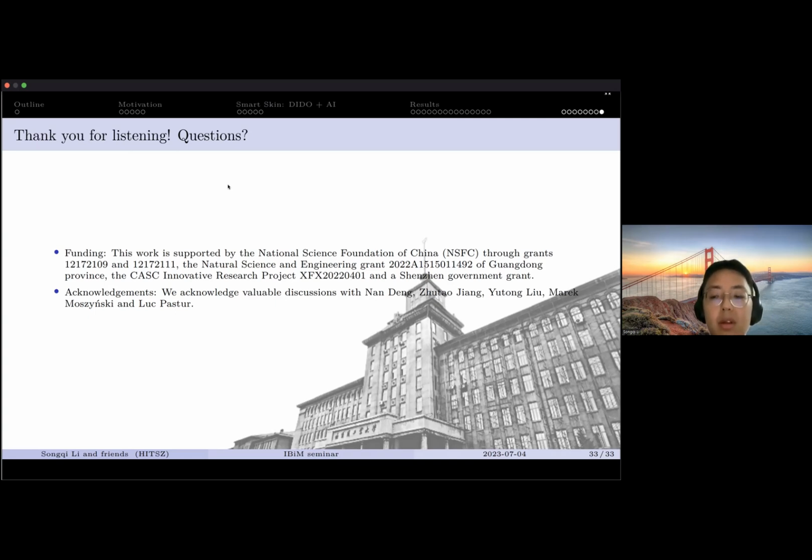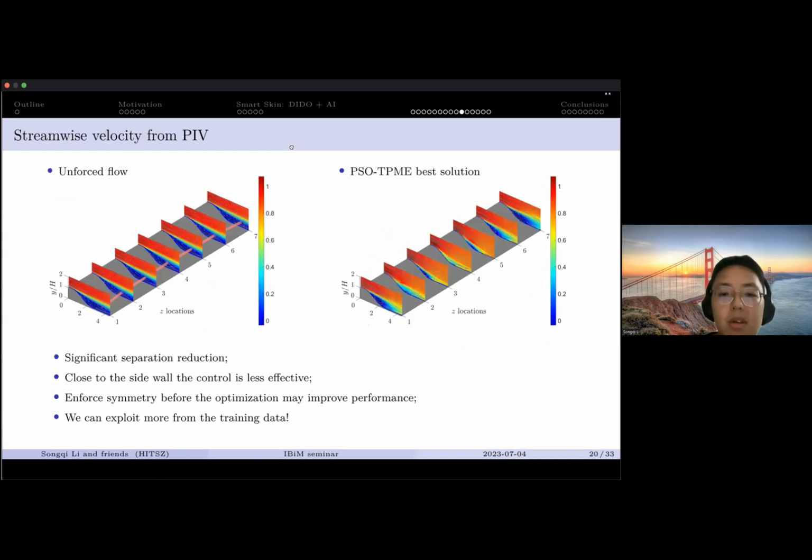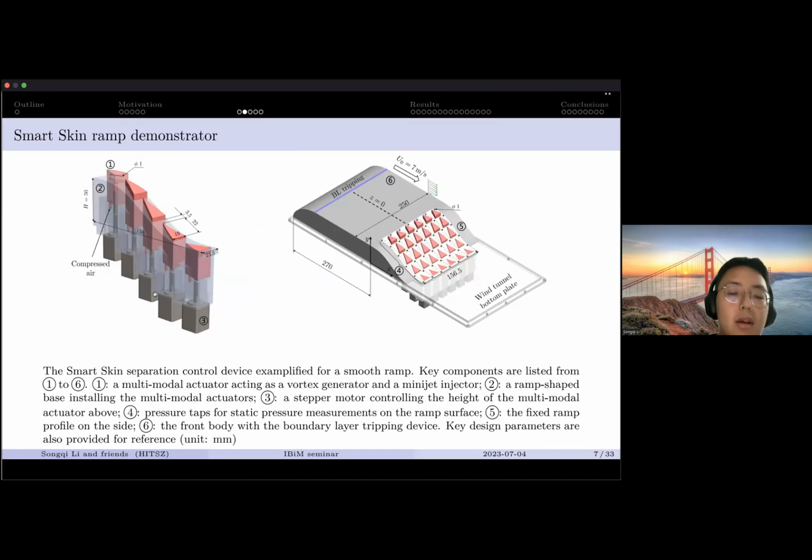This is the only applicable design in the laboratory scale experiment. In actual industrial applications, we will have more advanced equipment and more advanced prototyping techniques, so we don't really need to care about the additional drag caused by this type of vortex generators, and by that time people can design more dedicated actuators to solve the problem.